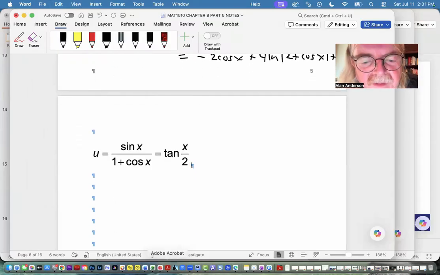So if you look at the double angles, actually, this is one of the half angles. At first glance, you're like, what's going on here?